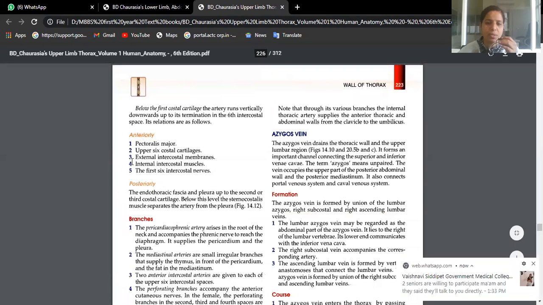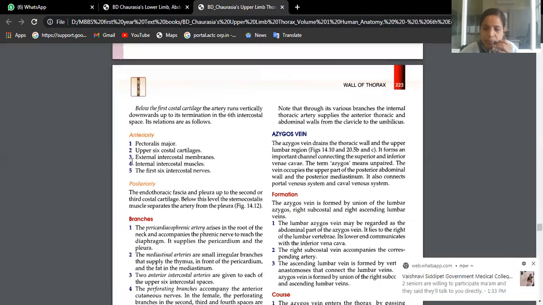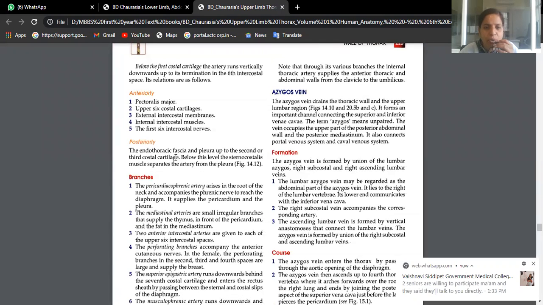Anteriorly pectoralis major, upper 6 costal cartilages, external intercostal membrane, internal intercostal muscles, and first 6 intercostal nerves. Posteriorly endothoracic fascia and pleura.